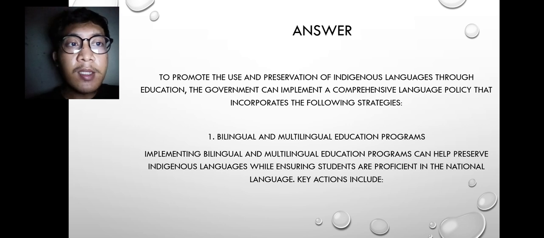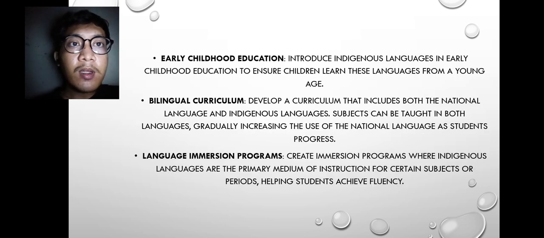The key actions include early childhood education: introduce indigenous languages in early childhood education to ensure children learn these languages from a young age. Next, bilingual curriculum. Develop a curriculum that includes both the national language and indigenous languages.